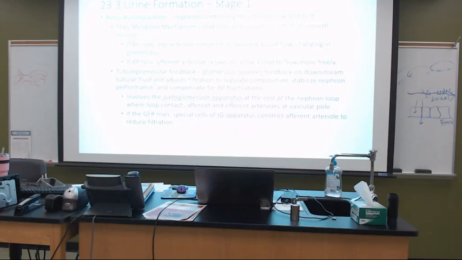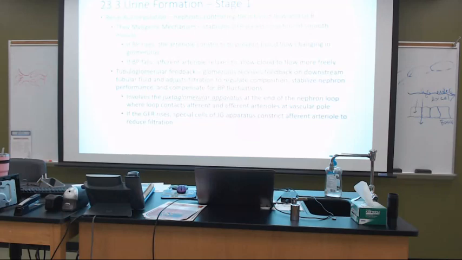When it begins to destroy a certain amount, and I can't remember the percentage right off the top of my head, I have to go back and look it up. But when it destroys a certain amount of those little nephrons, those little glomeruli, kidney function is going to drop. So this is what will happen if people have high blood pressure.